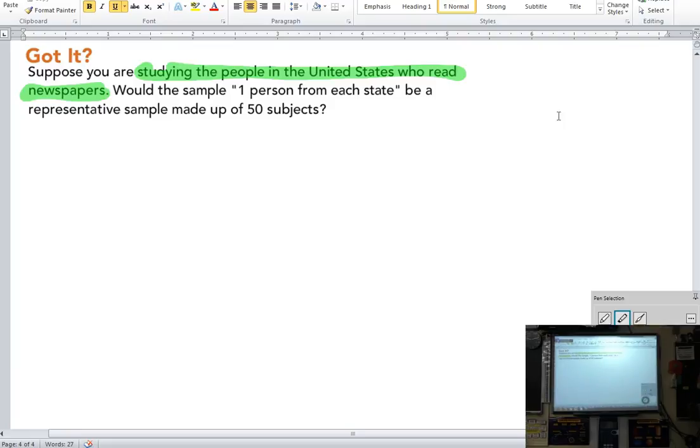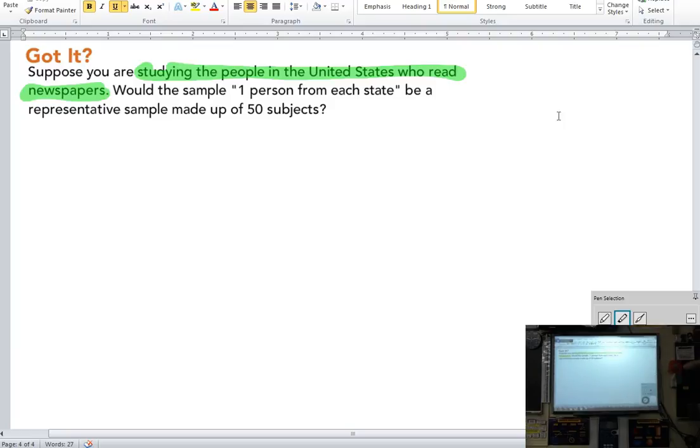What do you think, Sam? I don't think it would because that one person could not read it, and then that one person could read it. I think we'll need multiple, just a better number than 1. Well, yeah, but our sample would then end up being 50 subjects, one from each state.